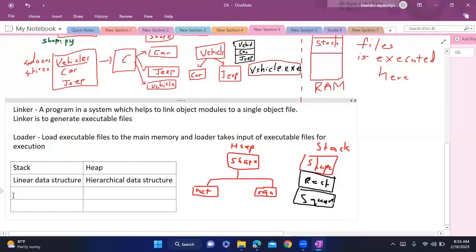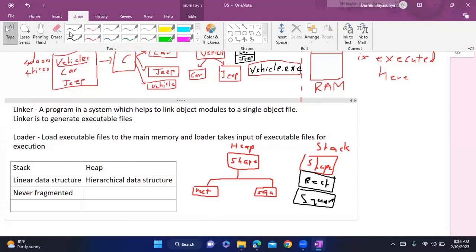And the other difference is, when it comes to stack, it is not getting fragmented. What is fragmentation? Fragments means, to make it easy to process, we try to get the files into two or three different pieces.